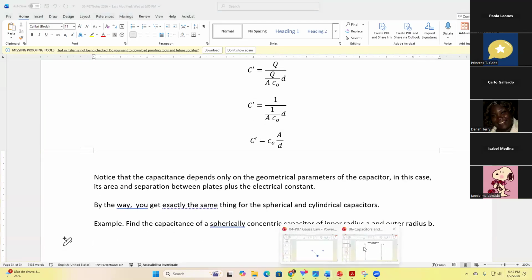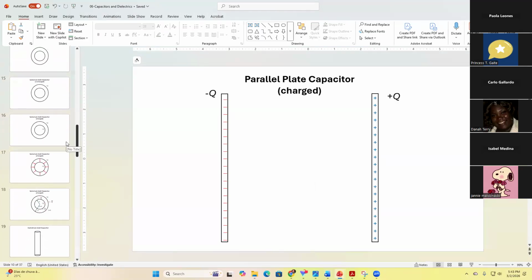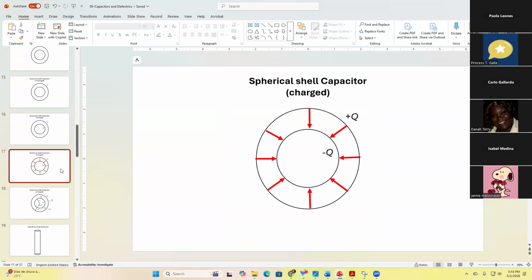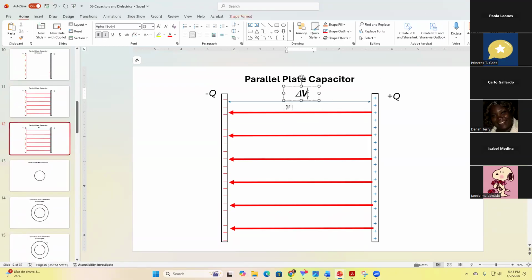So here you go. Now we go back to the spherical capacitor that we have right in here. In the case of the parallel plate capacitor, delta V is going to be equal to the electric field times the separation between those two plates.